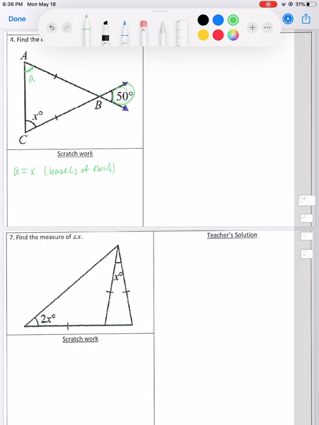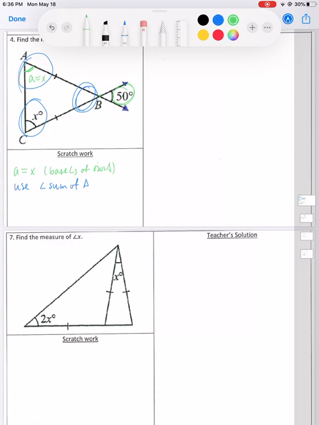Now, if we knew that those were the same measure, how would that help us? Well, we have two of the angles in a triangle. We just need this one right here, and we can use our angle sum of triangle if we knew that one. Well, we actually have that one.